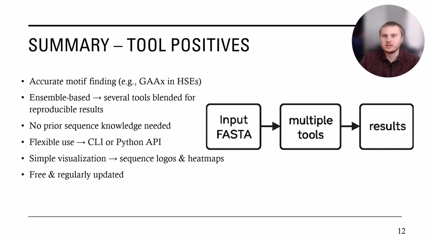A lot of different researchers can use this for a lot of different things. And best of all, it's free and it's regularly updated. So I would say that this is highly recommended for people that have computational experience, that want something analyzed and want patterns recognized in this type of way.